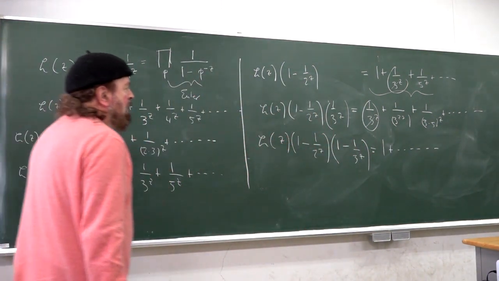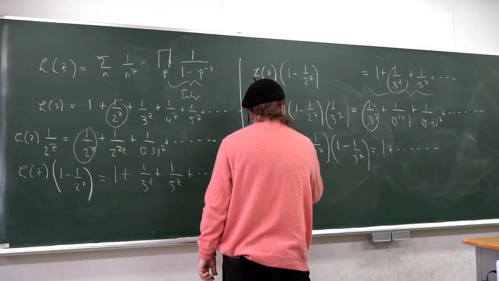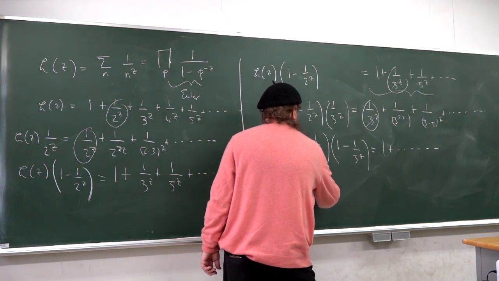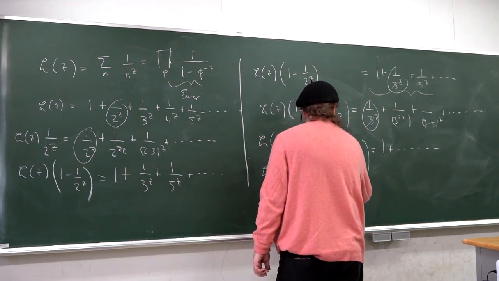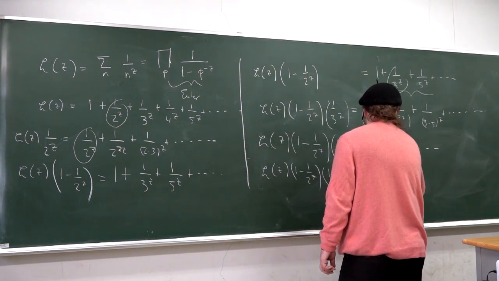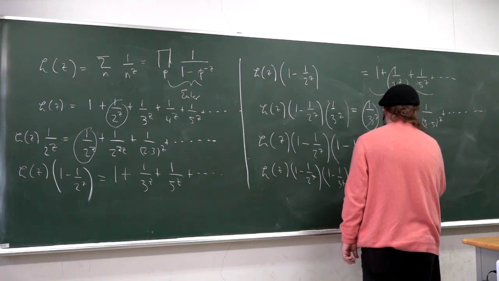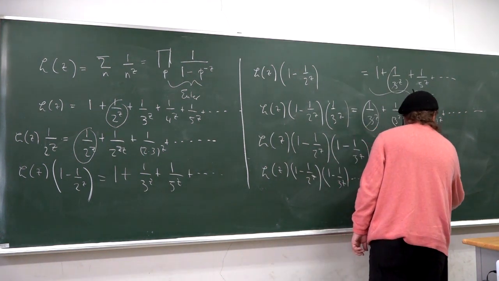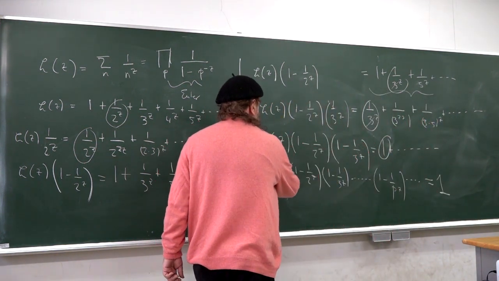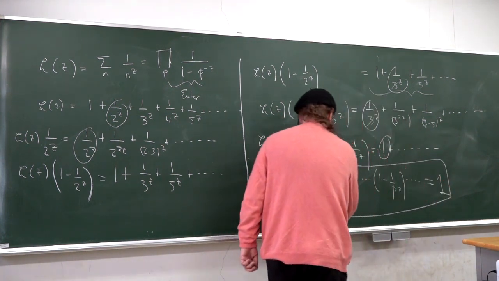So at the end, what's going to happen is that you're going to be left over with... and you can keep going... with 1. So now you have a relationship that looks like this, equals to 1.